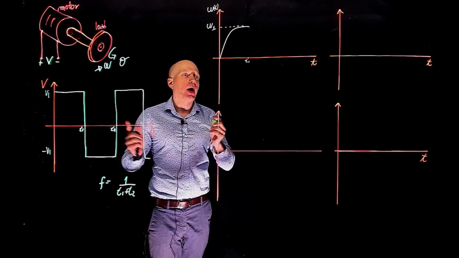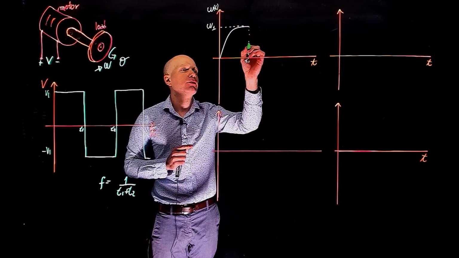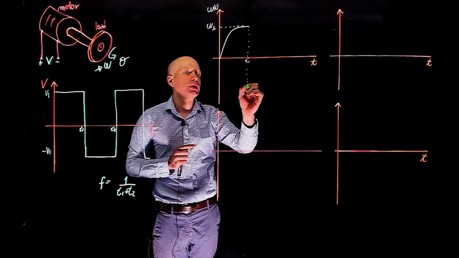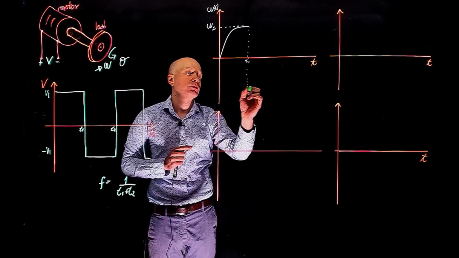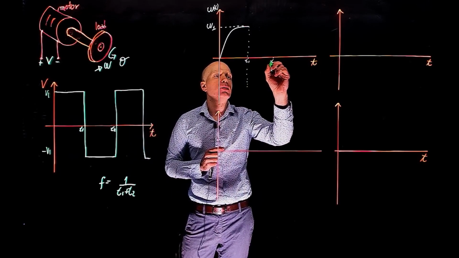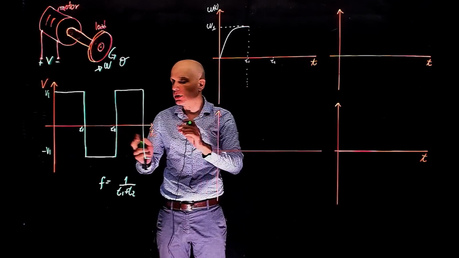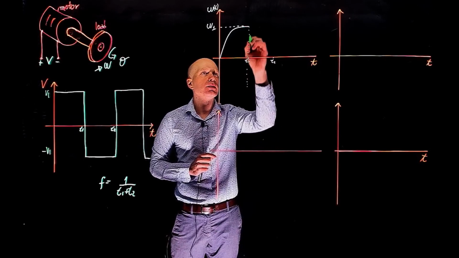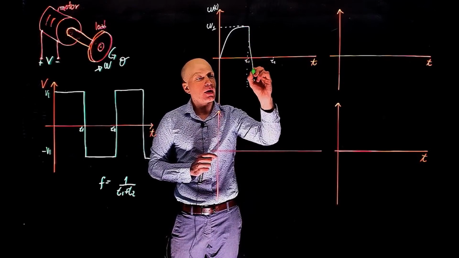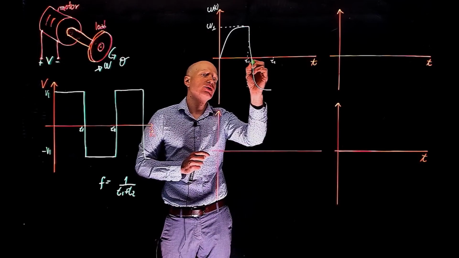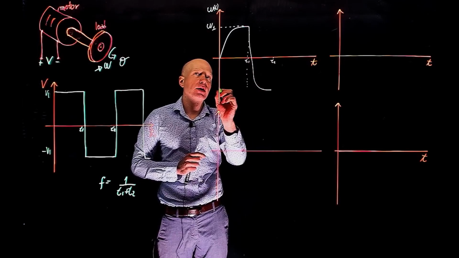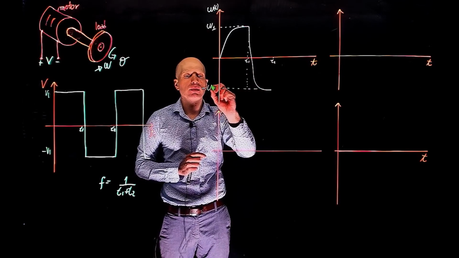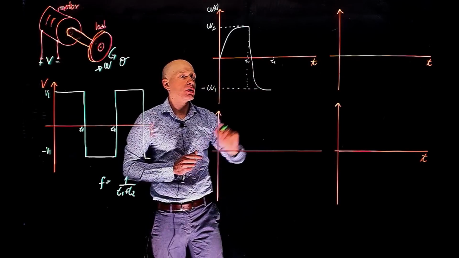What happens at T1? Well, at T1 we reverse the voltage, so the motor now starts to spin in the opposite direction. And again, T1 and T2 are the same here. So now the motor will reverse speed and eventually reach negative omega 1.